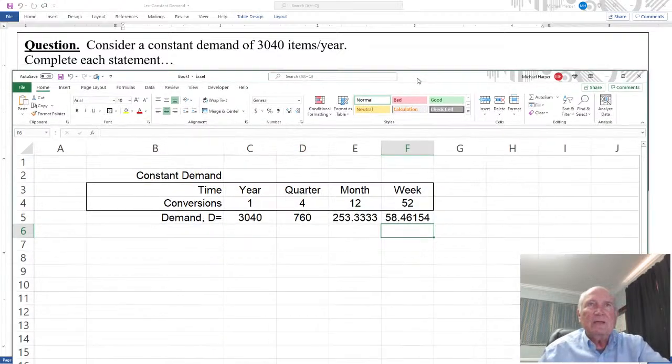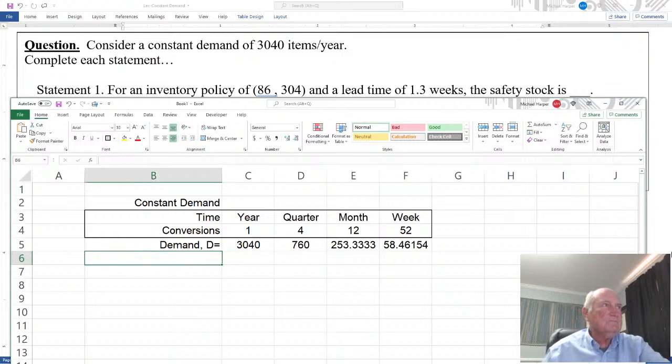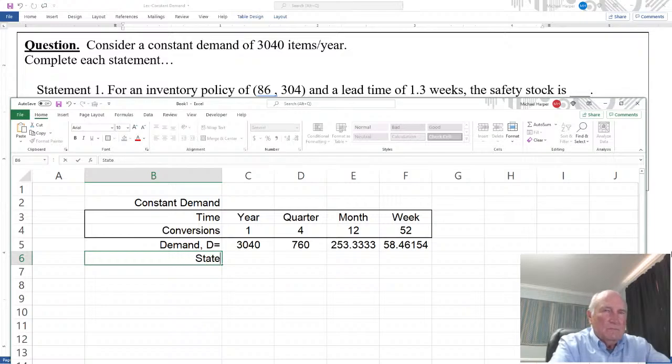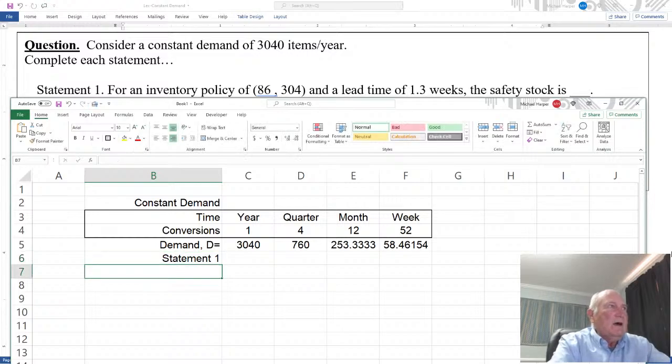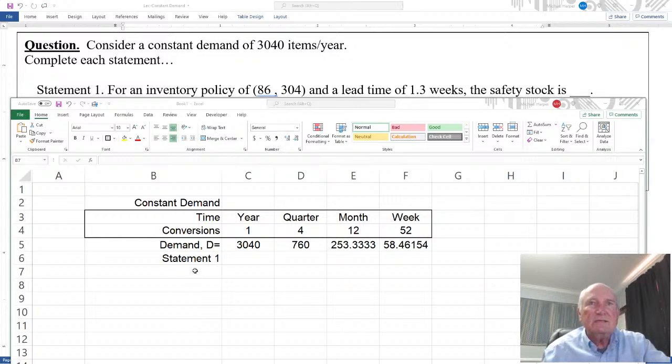Now let's come down to here, for statement 1. What we have in statement 1 is the ROP of 86.